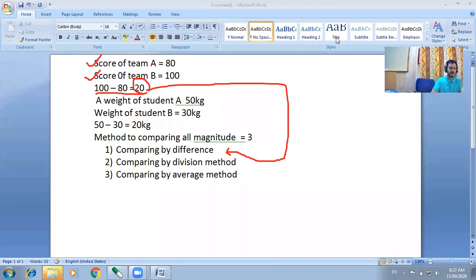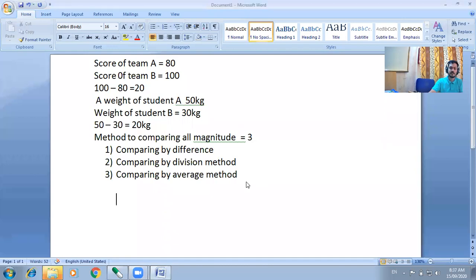Next, try to understand the next method, that is the division method. What is the actual meaning of the division method?